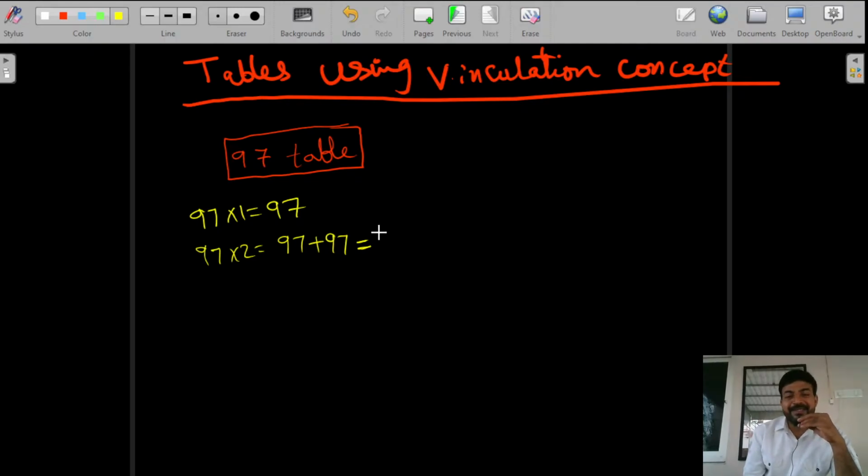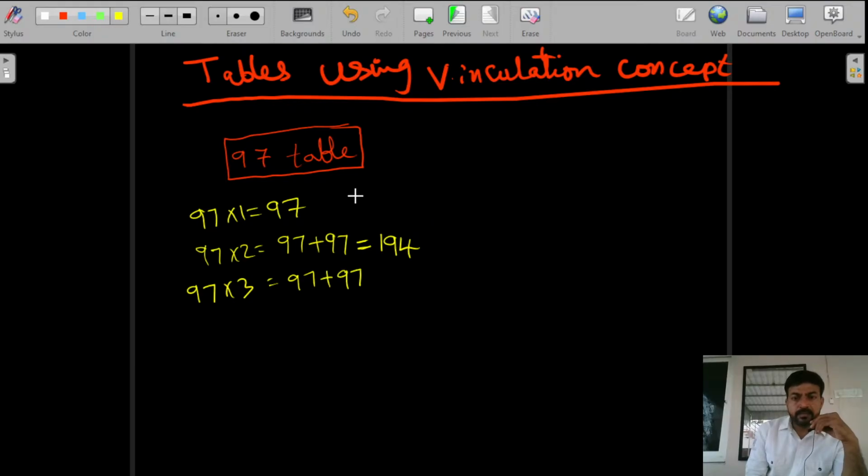If you want to make the 97 table, you add like this: 97 plus 97, 180 plus 14. 97 3s are 97 plus 97 plus 97, or 194 plus 97.